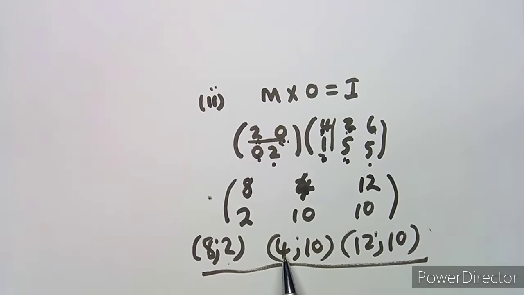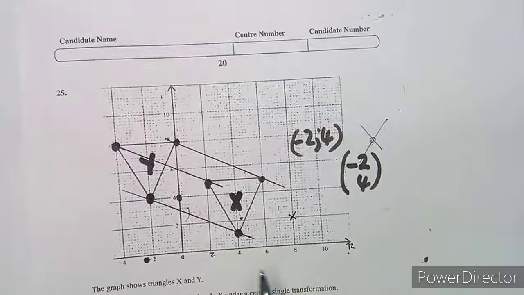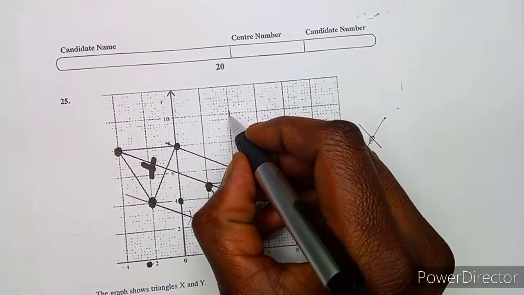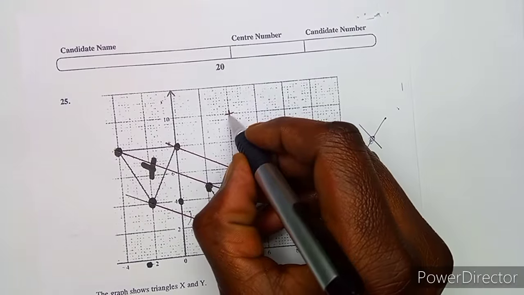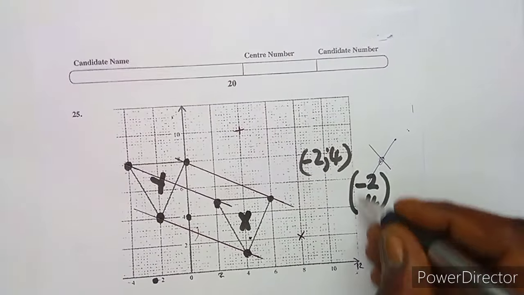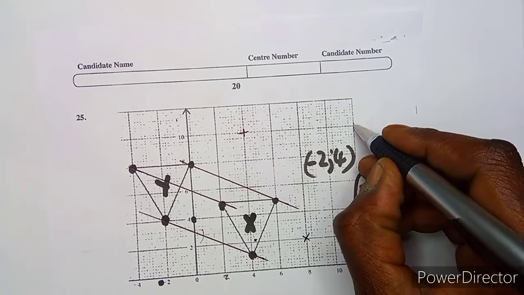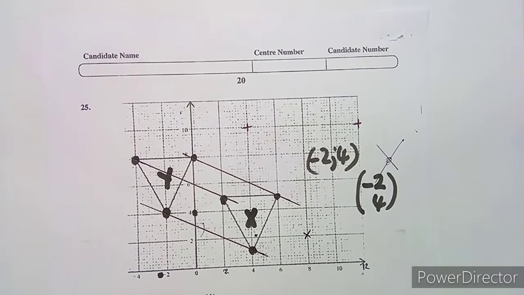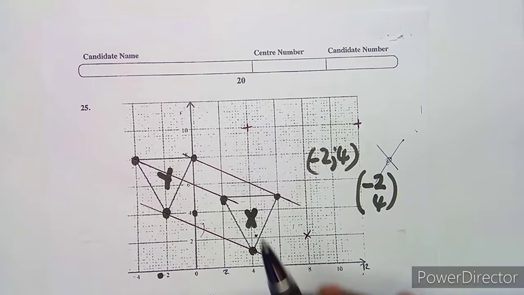Then we've got (4, 10). When x is 4, y is 10, that is (4, 10). You mark that point, then you move on to another one, which is (12, 10). So 12 is the last point, and the 10, so it's 12 versus 10 at this point here. All right, so that's it. Mark your points properly, then join them.